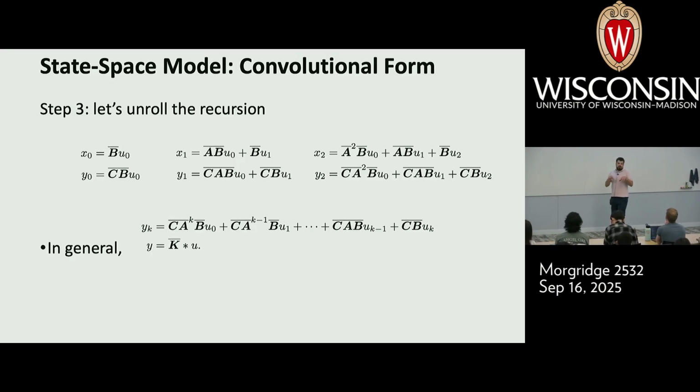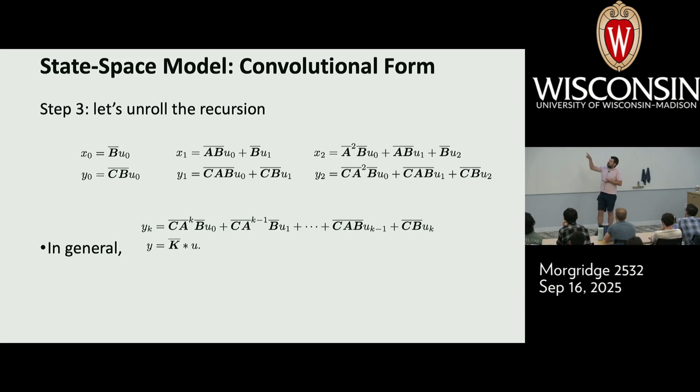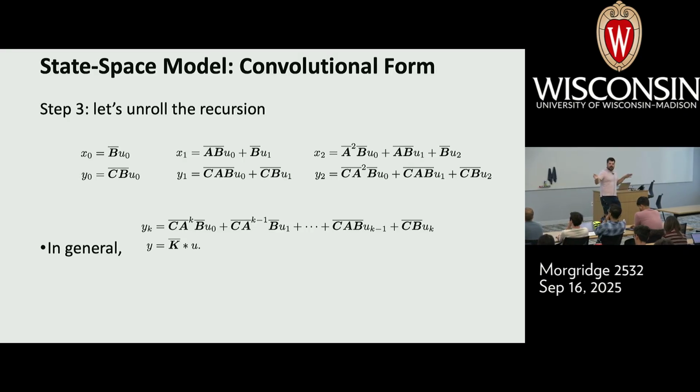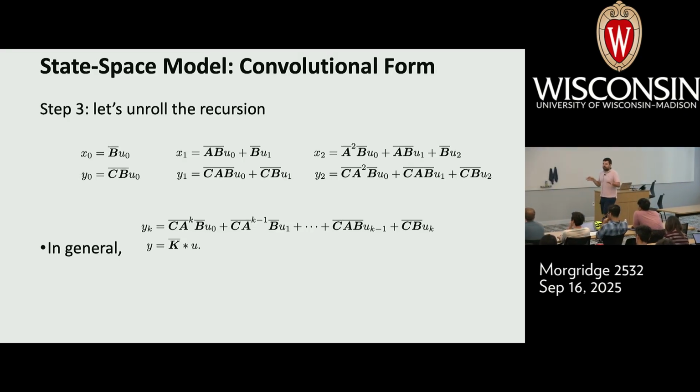It's C times A now raised to the kth power, because it's like A times A times A times A each time, times B times u0, plus the same kind of thing, but with a lower power for u1, u2, and so forth. If you look at this thing, it's very easy to derive it from just that starting set of steps over there. It's literally me saying, hey, just unroll your recursion so that it goes back to the beginning of time and see what that formula looks like. All right, any questions about this so far?